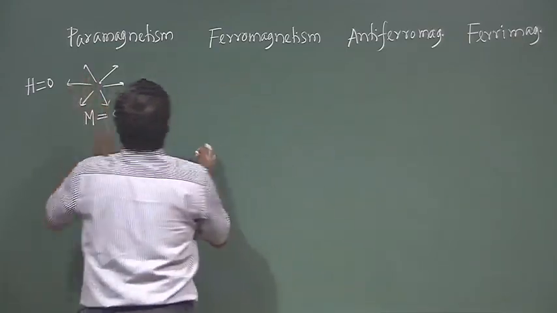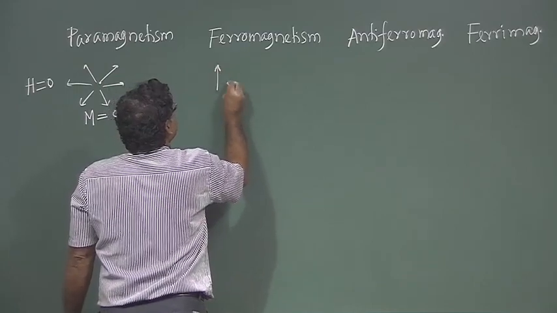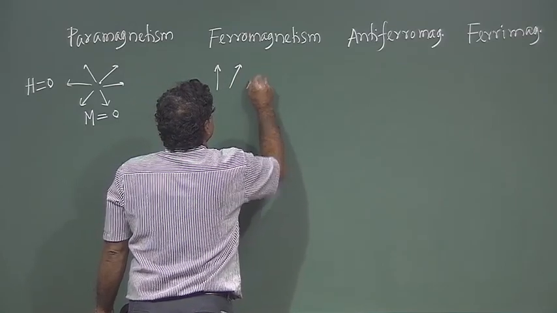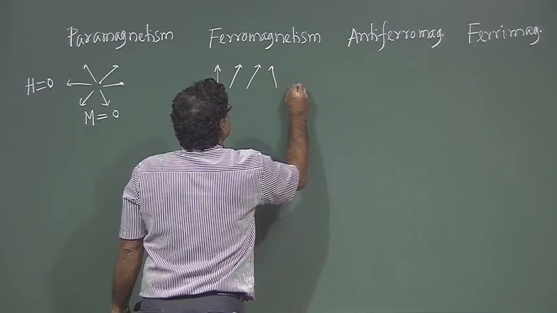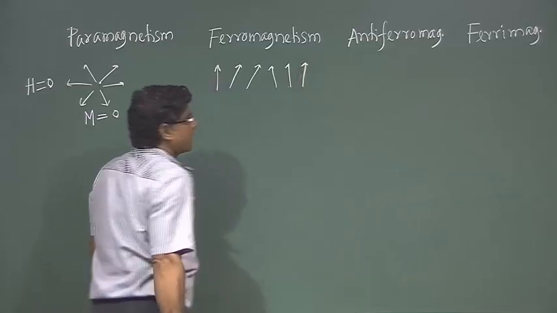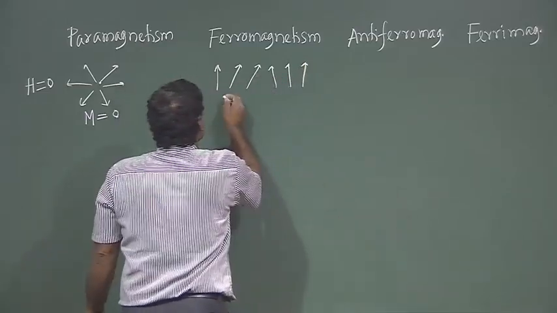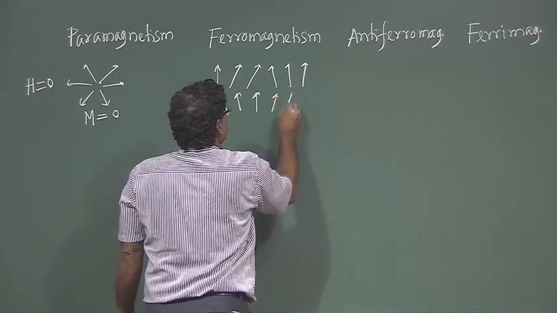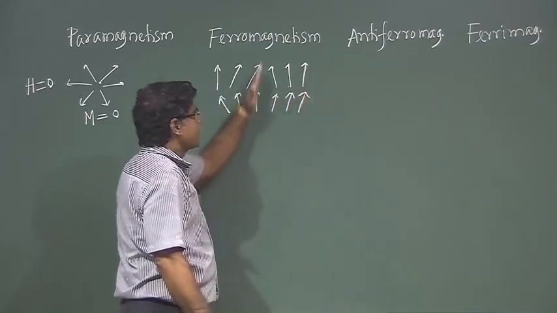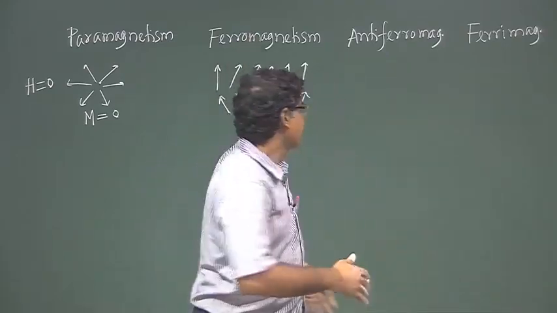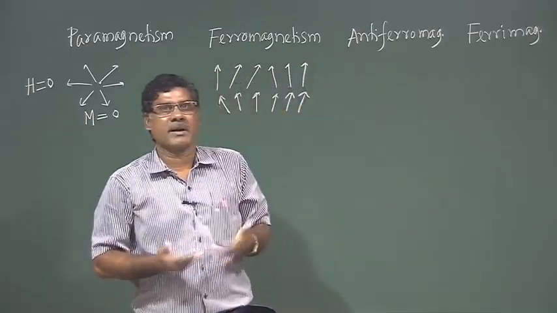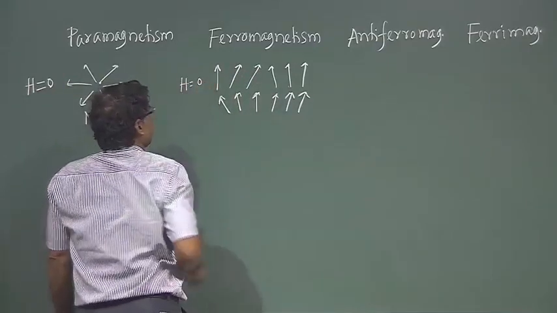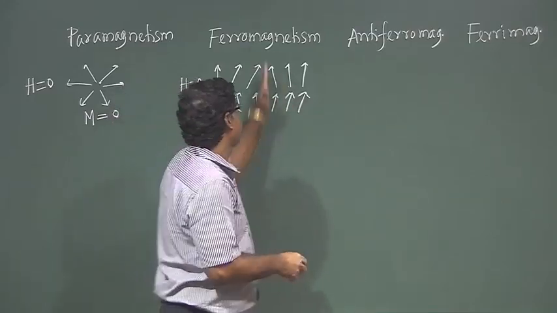And if the dipole moments are oriented like this, pointed in the same direction, all parallel, then for H equal to 0 you will get a net moment along this direction.